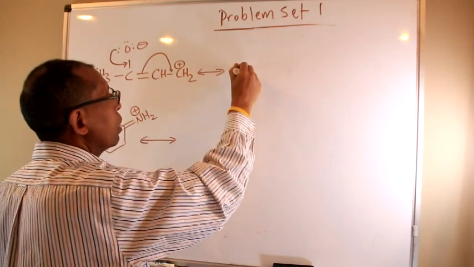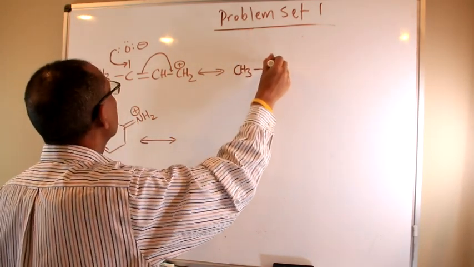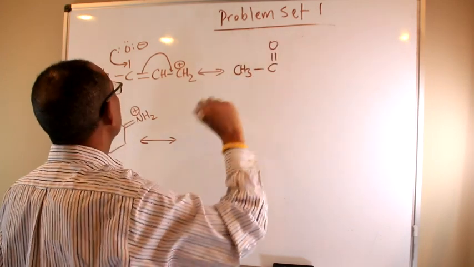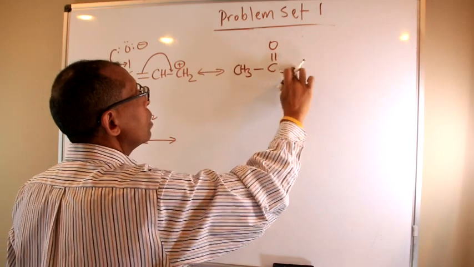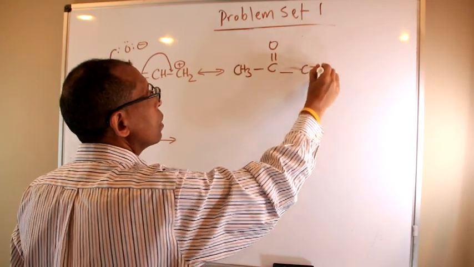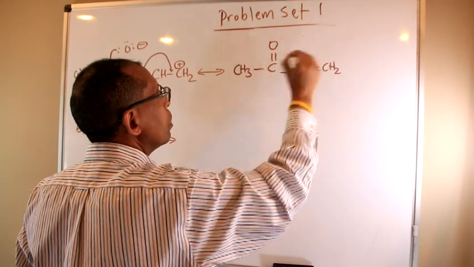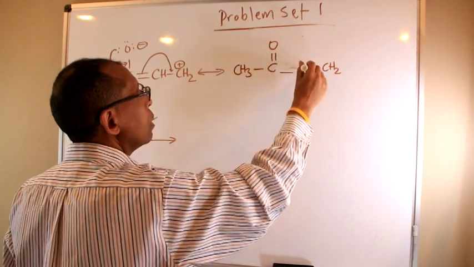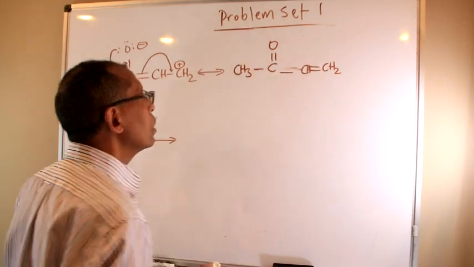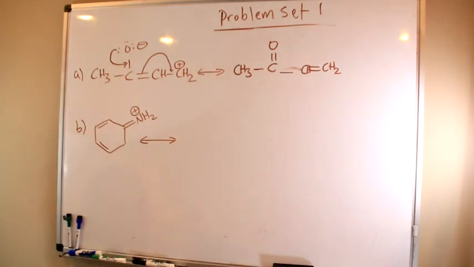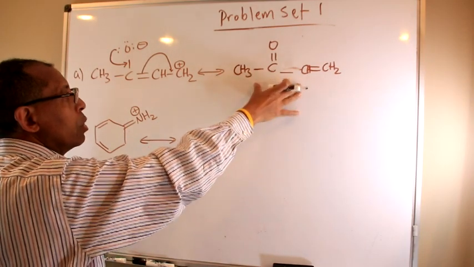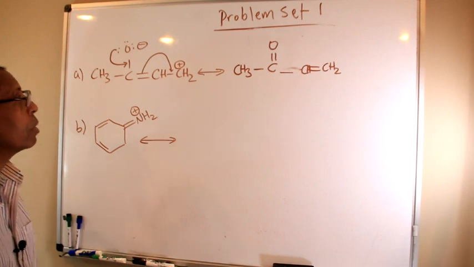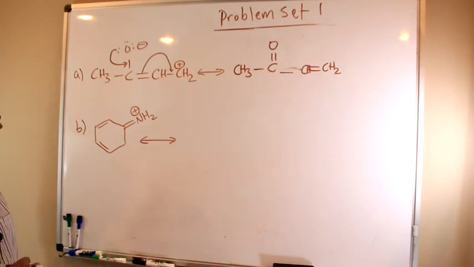The structure looks like CH3, CO, CH, CH2, and CH. So this is what it looks like. Now a neutral species is formed. So that's one of the resonance structures.